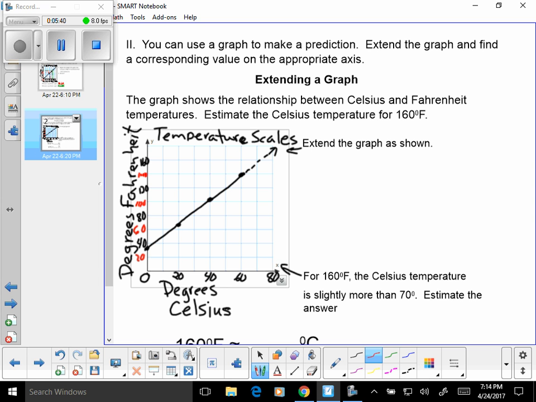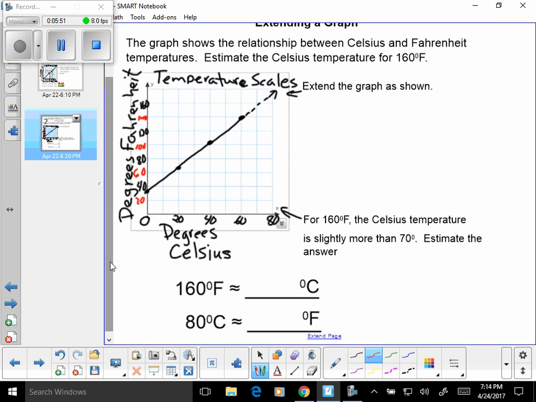For 160 degrees Fahrenheit, the Celsius temperature is going to be slightly more than 70. Now this time, they want me to go from 160 degrees Fahrenheit. That means I have to start on my vertical axis or my vertical scale and take this over to the line that I have extended.